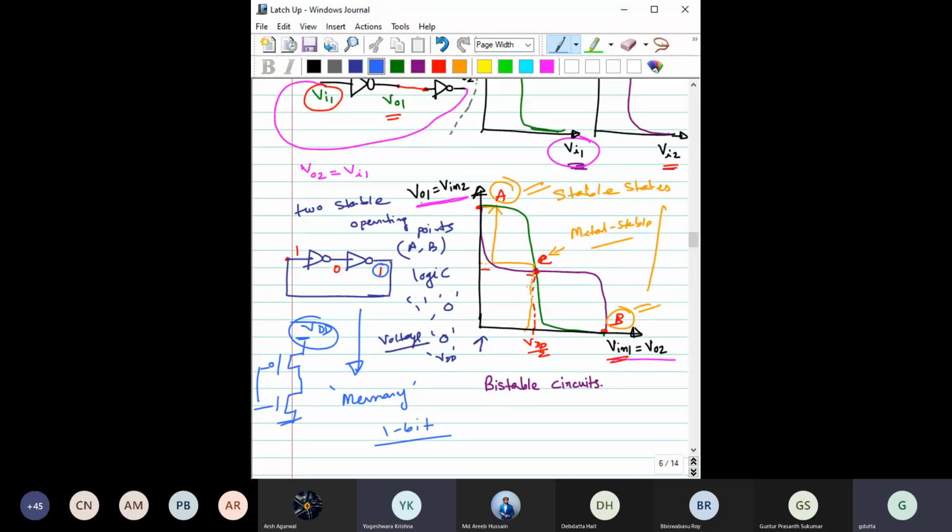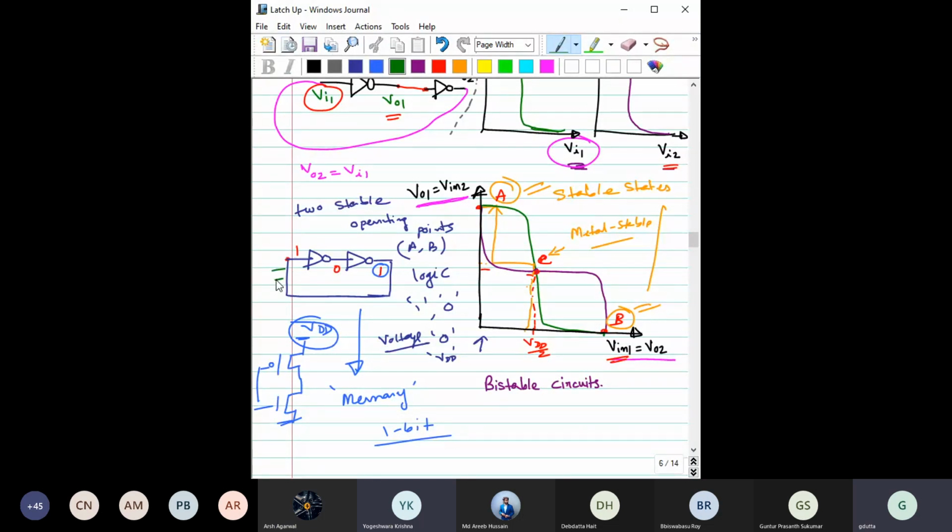Now suppose it is storing 1 bit. Now I want to overwrite it. I want to write a 0. Then what do I have to do? Send a pulse of what magnitude? 0. Send a pulse of 0. Give 0 input for a short while, and then it will remember. So that means you should also have some triggering pulse application in between.